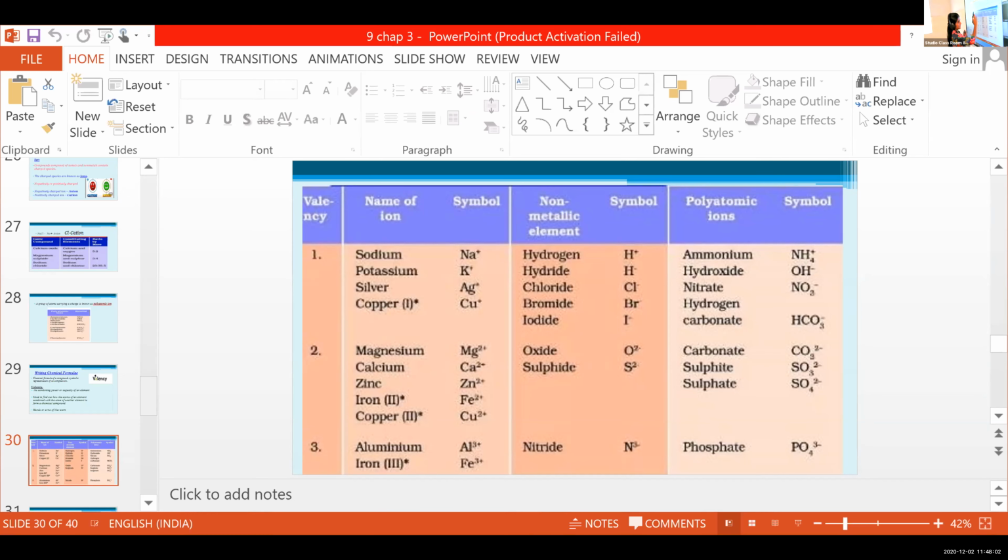First we deal with the metals, then non-metals, then polyatomic ions. These all have valency 1, and these all have valency 2. So, name the metallic ions which have valency 1.